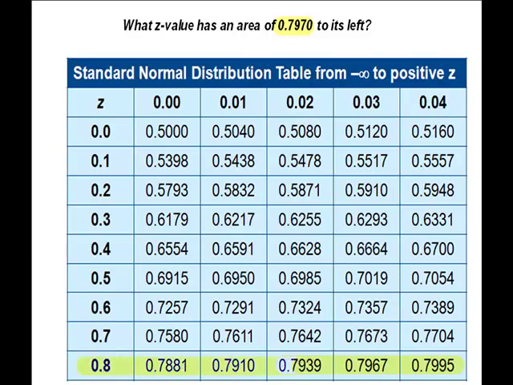Sometimes that happens. The exact probability is not there, so you have to choose the closest one. In this case, the z-score would be 0.83.